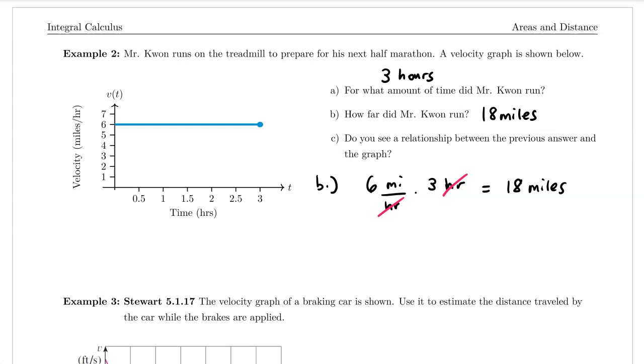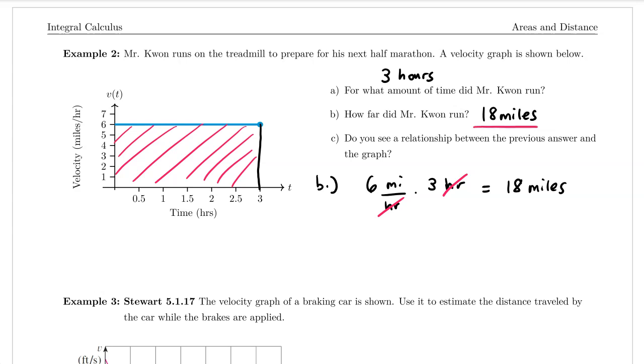Okay, part C says, do you see a relationship between the previous answer and the graph? So it turns out that if I dropped this line down here, the shape that's formed is a rectangle, and it turns out that the 18 miles is also represented by the area of this rectangle, because this dimension here is 3, and this dimension here is 6.